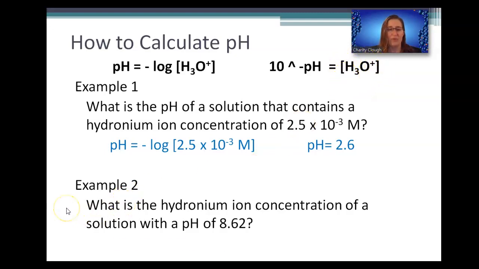I'm going to solve this equation by doing 10 raised to the negative 8.62, and I put that in my calculator. Oh, I put it below. So 10 raised to the negative 8.62, and I get the hydronium concentration here. Again, that should fall in the range that was shown on the chart earlier for concentrations. If it's outside of that range, you know you have a problem.